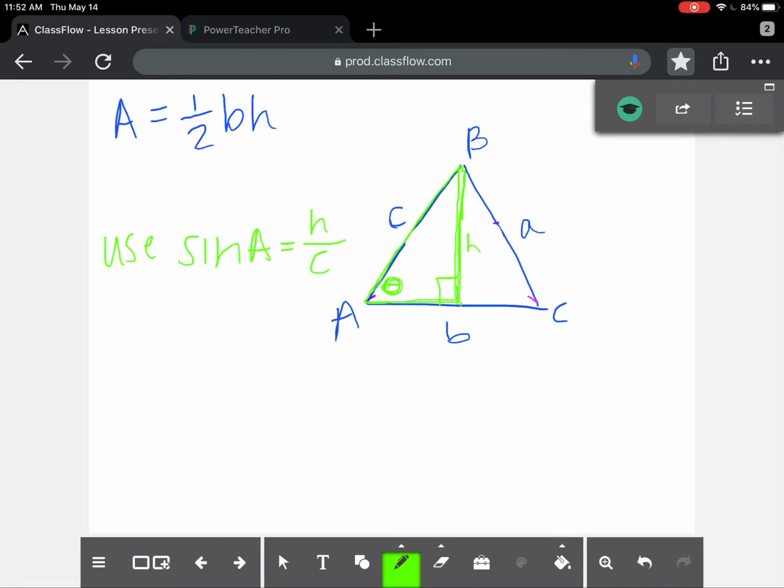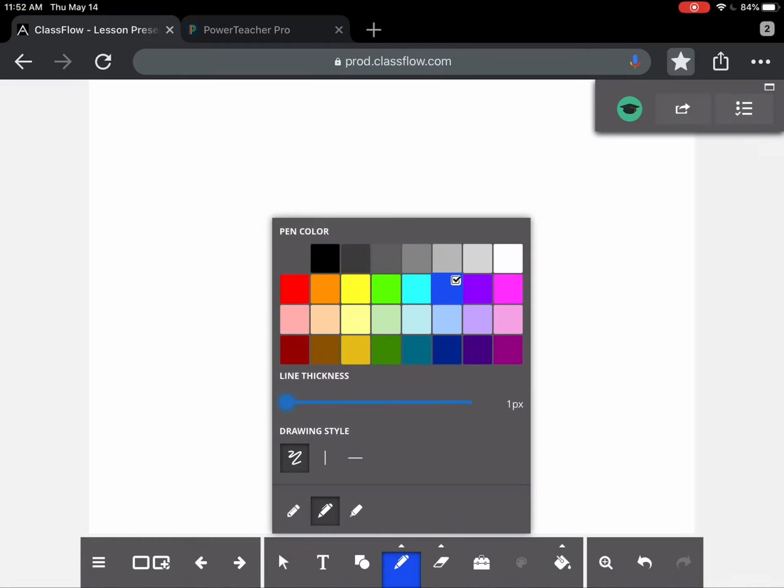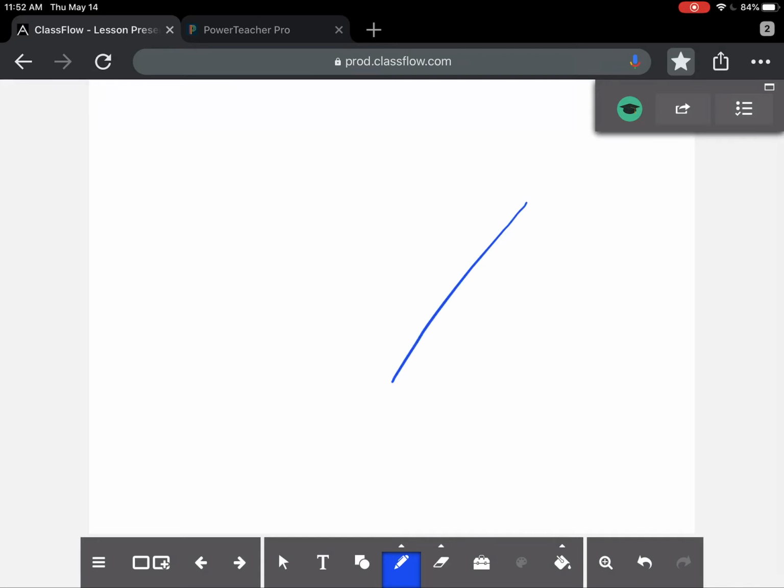So you can use sine of theta, or sine of A, to find your h, because h would be over c, since c is your hypotenuse. Opposite over hypotenuse. To find h, you multiply both sides by c to get height equals c times sine of A.